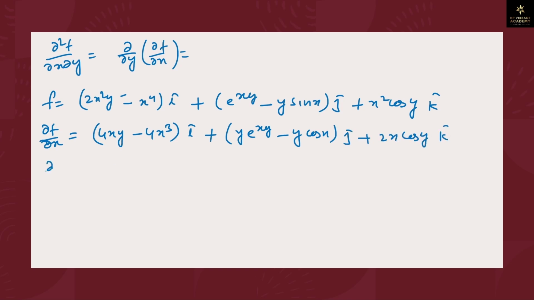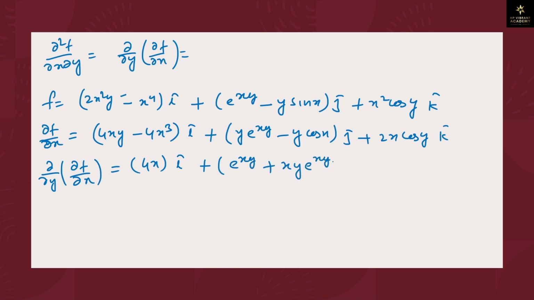Now differentiate this with respect to y. This is 4x i cap plus e to the power xy plus xy e to the power xy minus cos x j cap minus 2x sin y k cap.